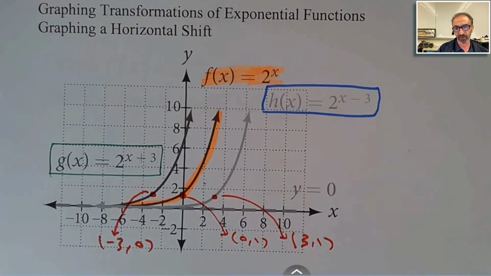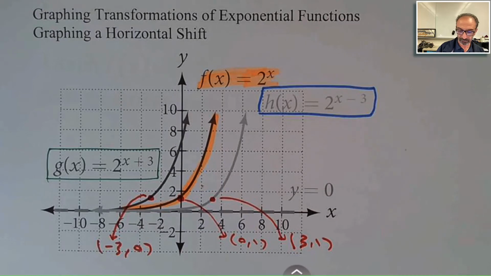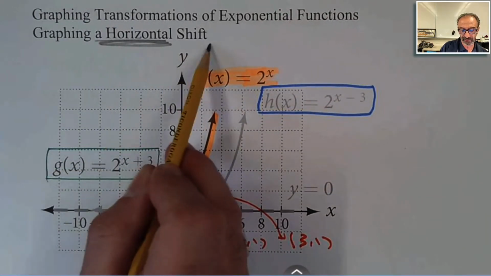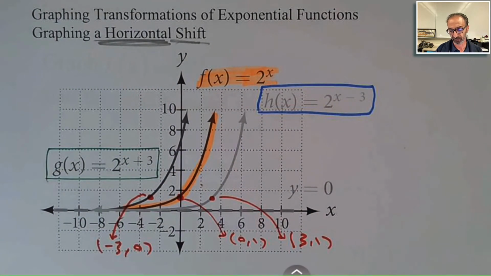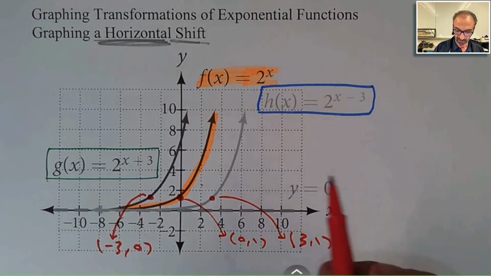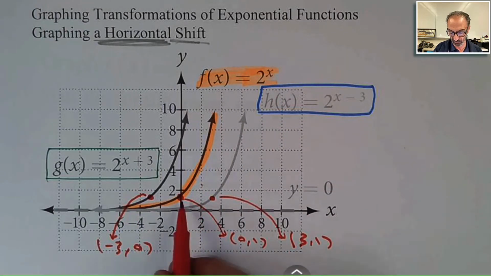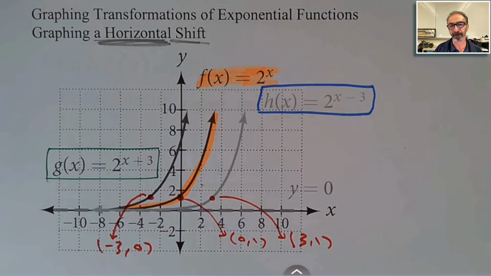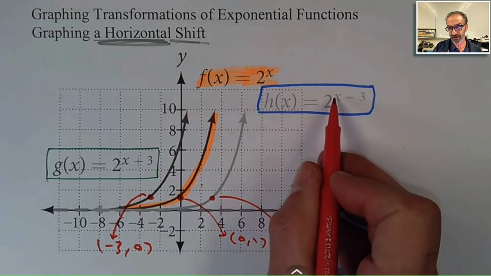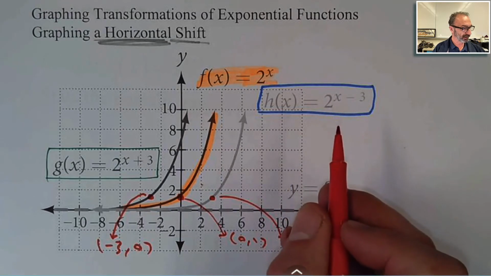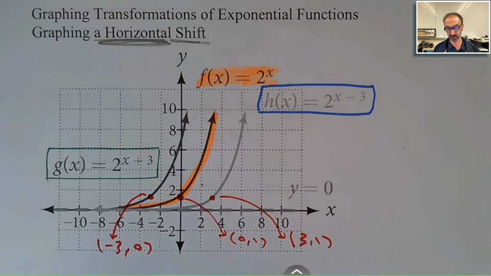Now here we are talking about horizontal shift, so we're going right and left. My original function is 2 to the x, going through (0, 1) again, and it's doubling. It's the exponential growth. When you subtract 3 from x, not from outside, here it was from the original y.